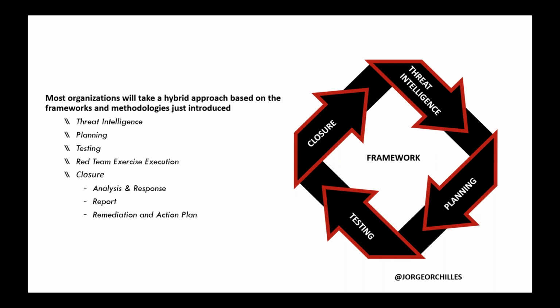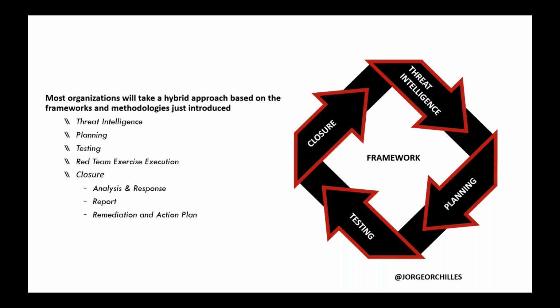The closure, the exercise closure, is a number of things that really change and really show the difference between a pen test and a red team. In the closure portion of your test, you're going to analyze and see what the responses were from the initial time that you got access or you compromised a system or any of the systems you compromised. What was the response?